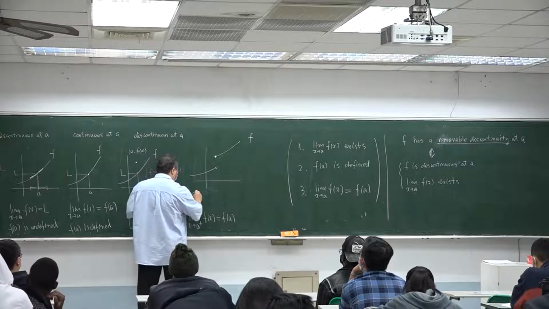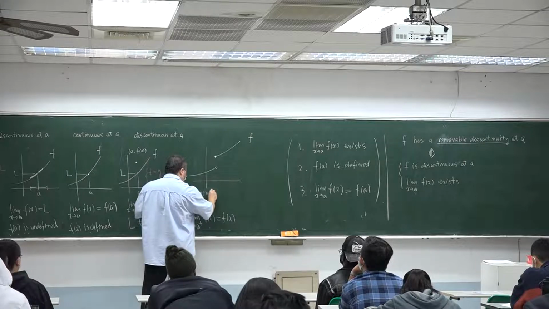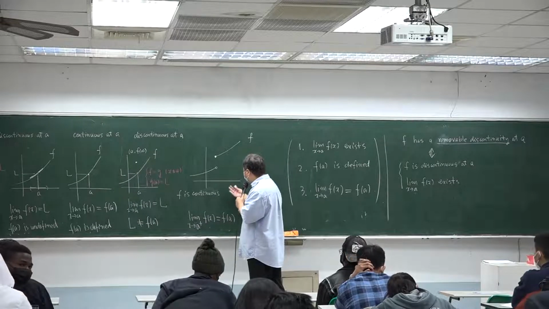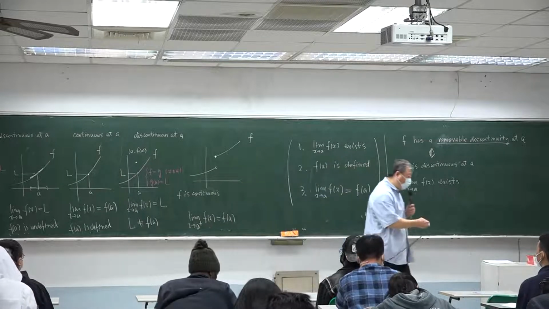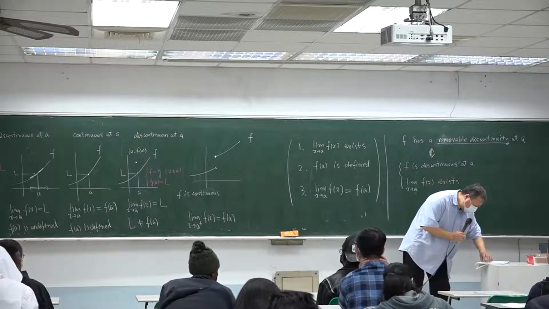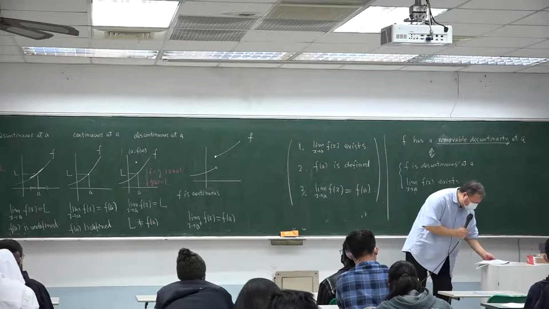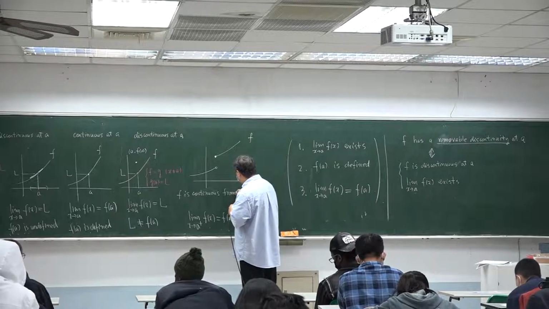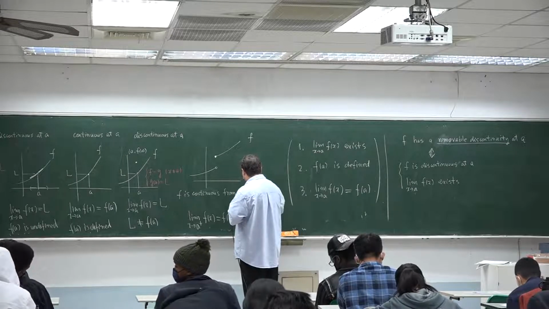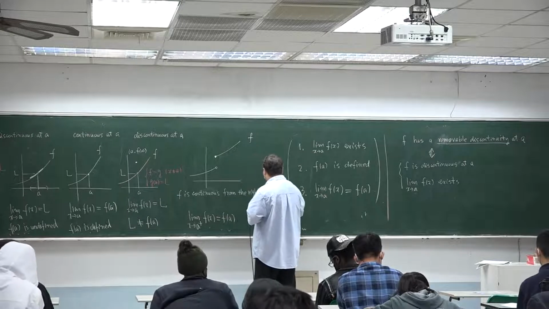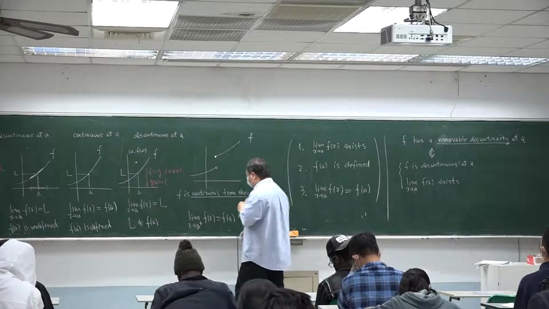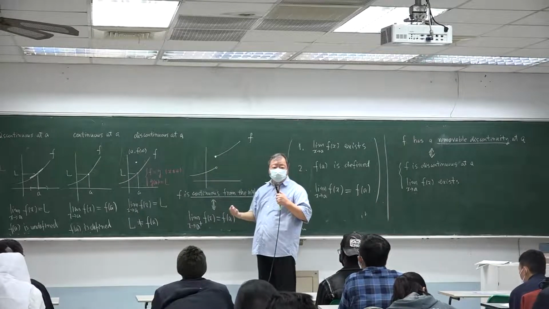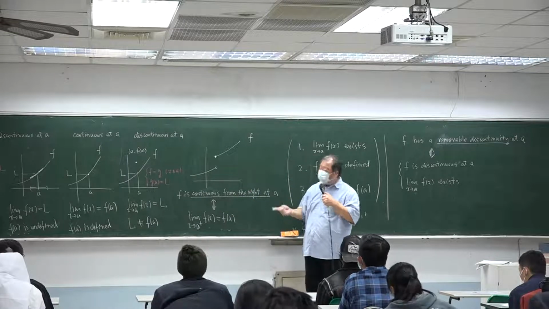F is continuous at A from the right, or continuous from the right at A. Very intuitive, right?